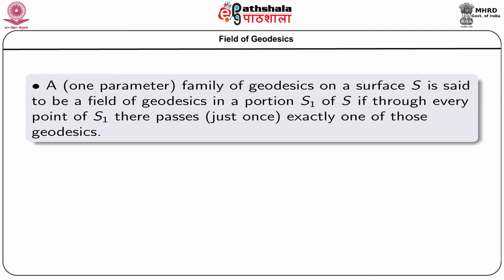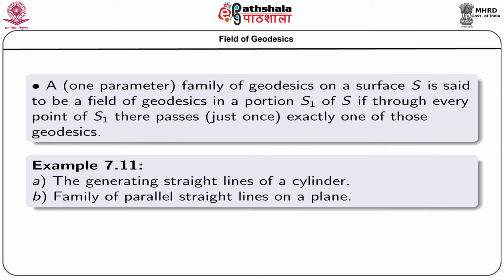Let us see two examples. The generating straight lines of a cylinder are a field of geodesics, because the generating straight lines are geodesics and they form the field of geodesics on the surface of a cylinder.